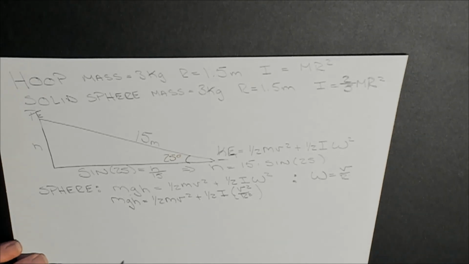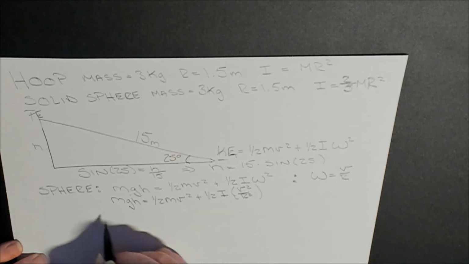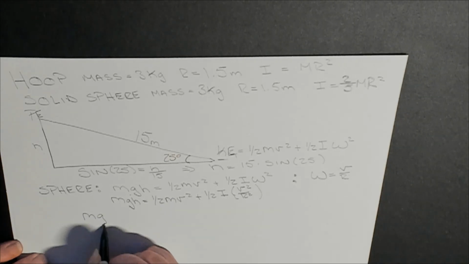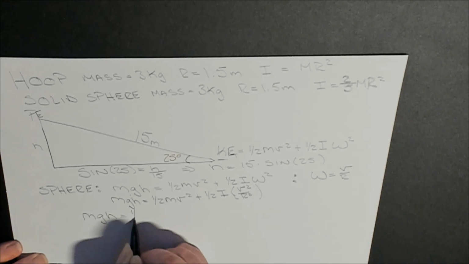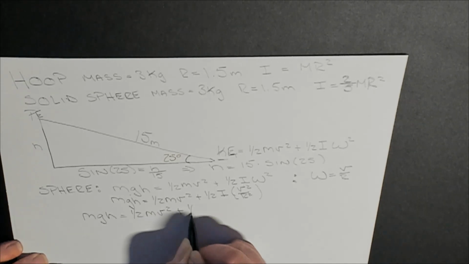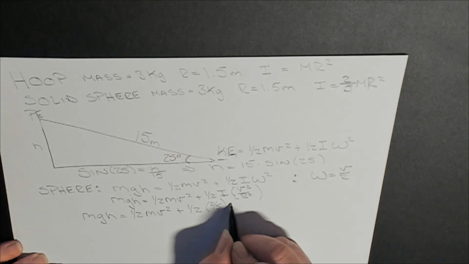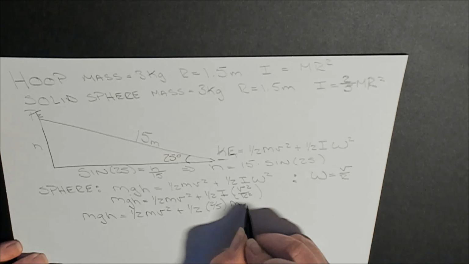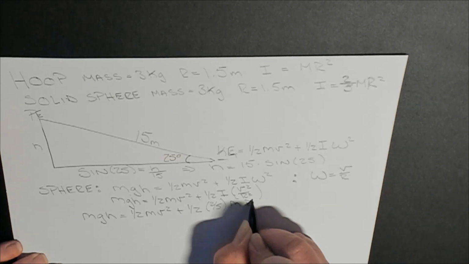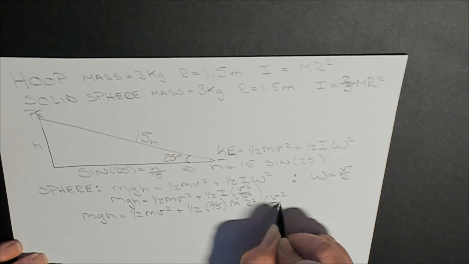Let's do the last step and get rid of I. I is 2/5 mr squared, so mgh equals 1/2 mv squared plus 1/2 times 2/5 times mass times r squared times v squared over r squared.